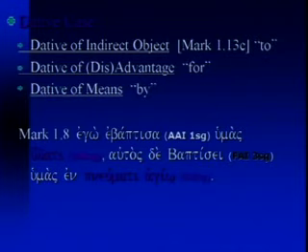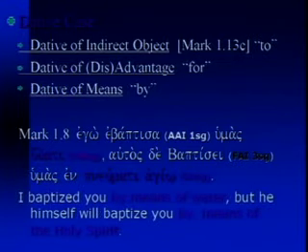But he himself, autos de baptisei, but he himself will baptize you in pneumati hagio. All right, pneumati hagio. That's also a dative case form, neuter singular. He will baptize you by means of or with the Holy Spirit. All right. So when you have these forms in the dative case, you're going to want to translate them with a to, a by, or a for. The one that makes the best sense within the context of the sentence and the paragraph in which you're working.